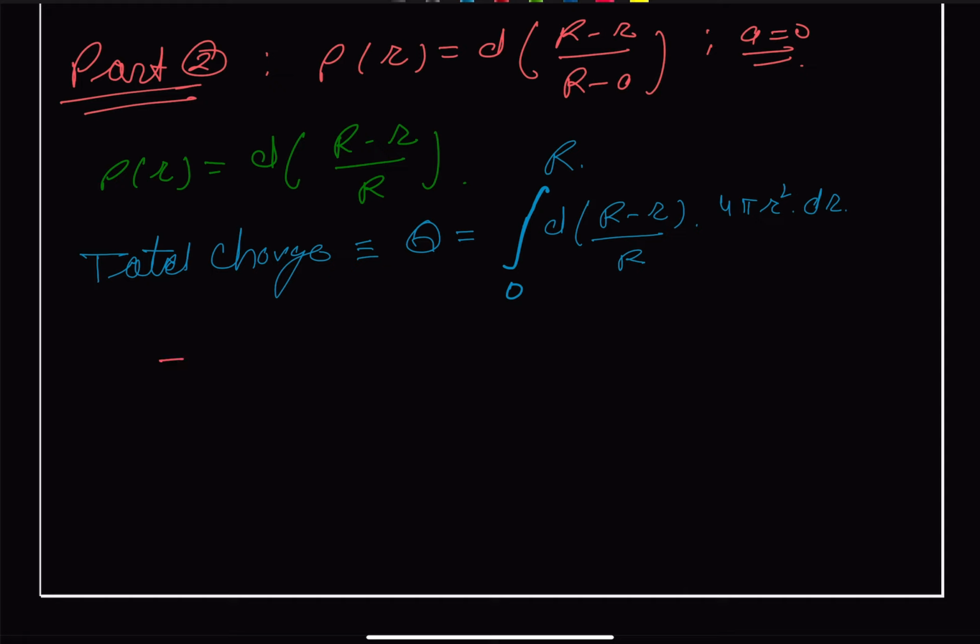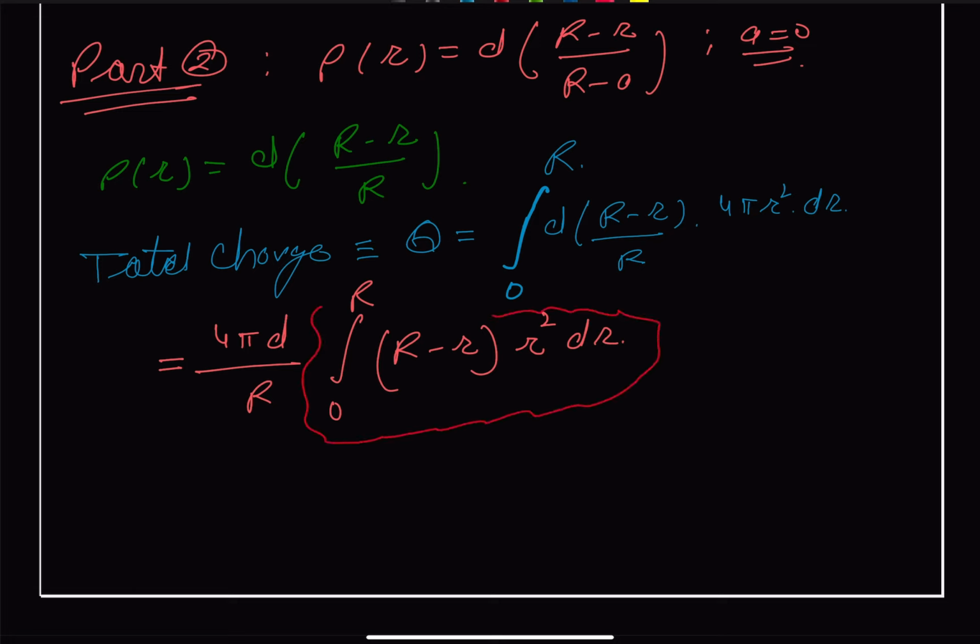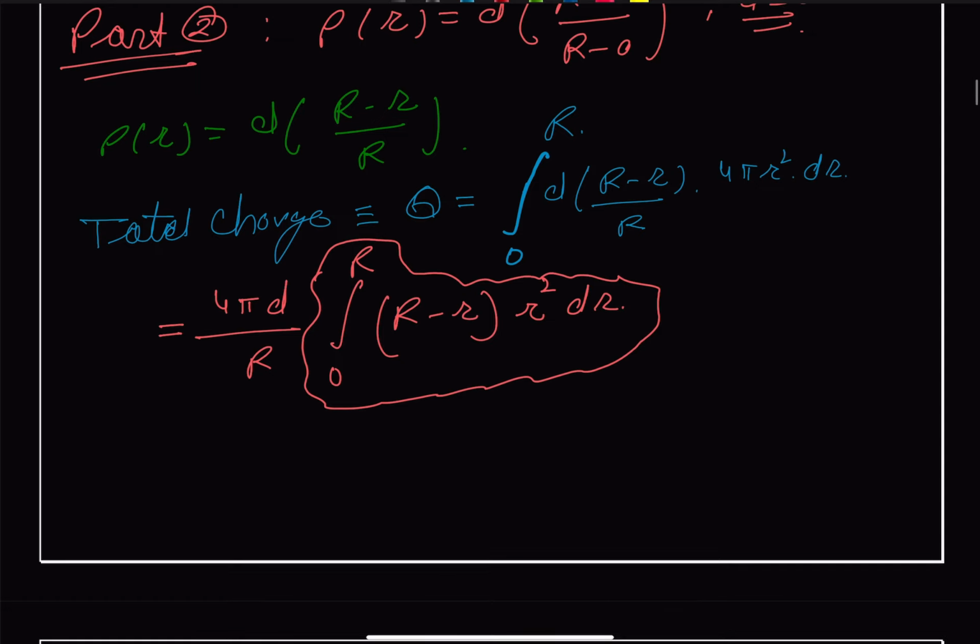So this can be written as 4 pi d divided by R, integral from 0 to capital R, and this comes as (R - r) multiplied by r square dr. And we are only interested in this integral, so let us solve it separately.